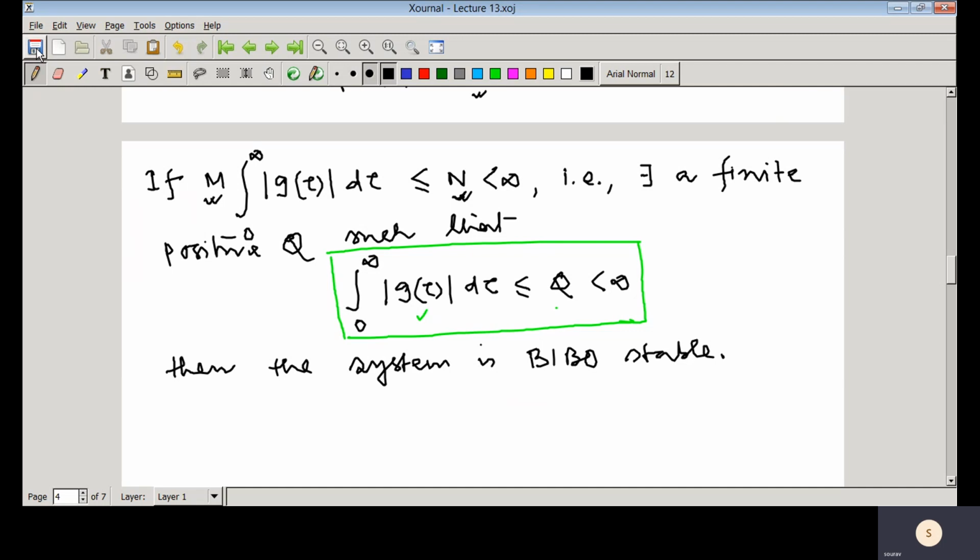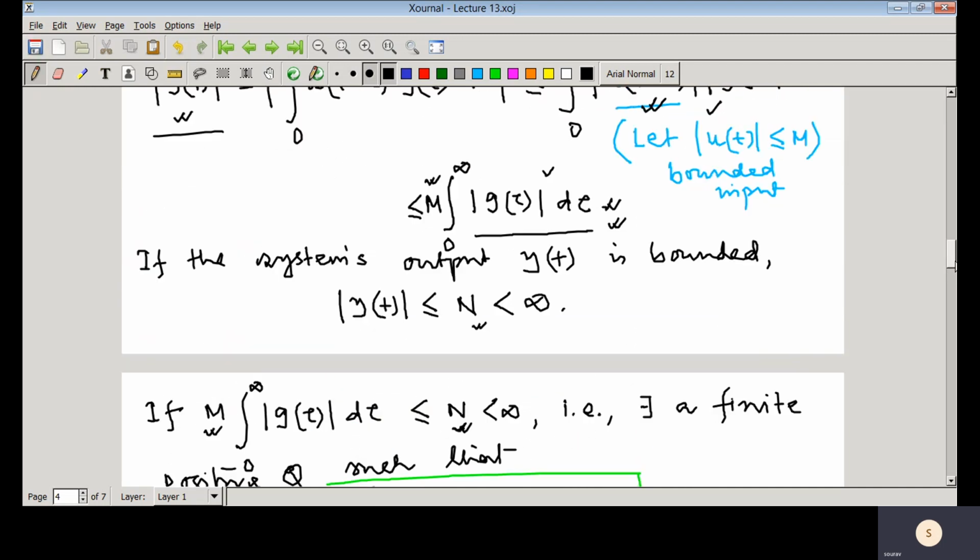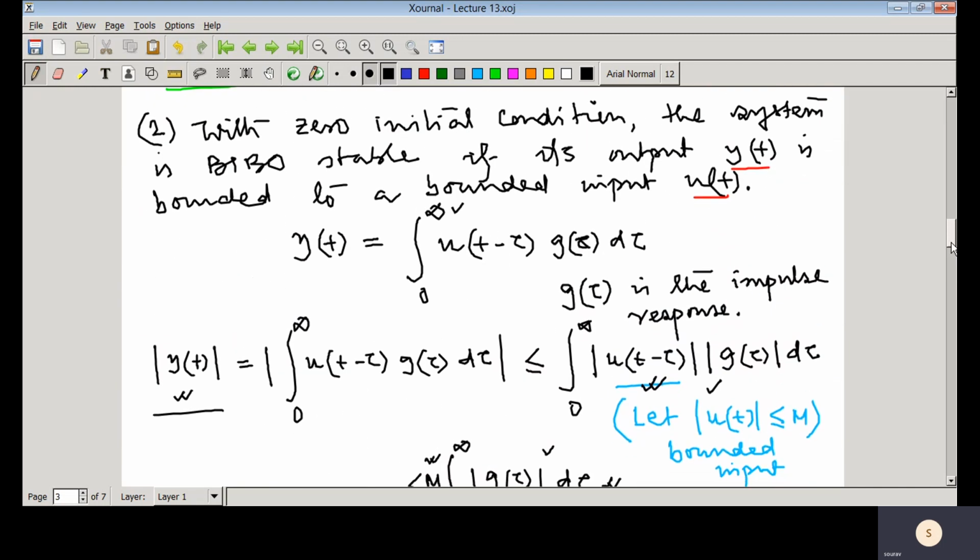So one important result we have seen here is the condition for BIBO stability.